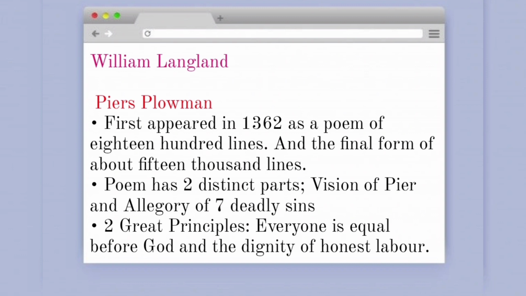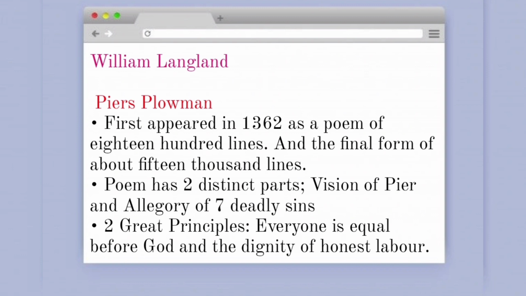The first vision is the vision of Piers, where we can see a lot of people in a field. They were discussing with Piers the inequality in society and how working class people are working hard but are not receiving as much as they deserve. And the second vision is the vision of the 7 deadly sins.